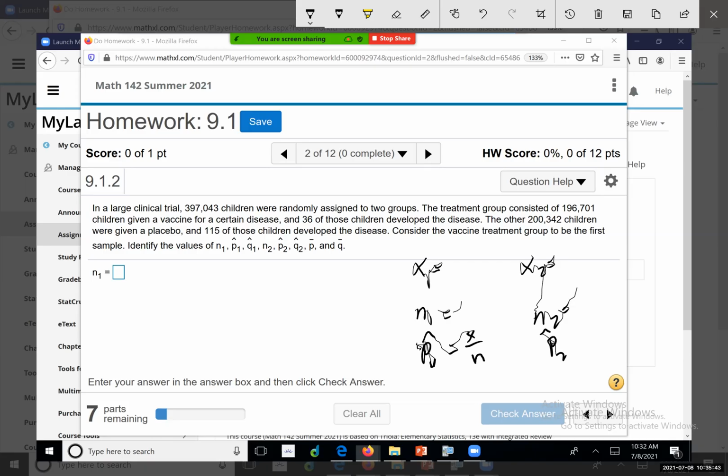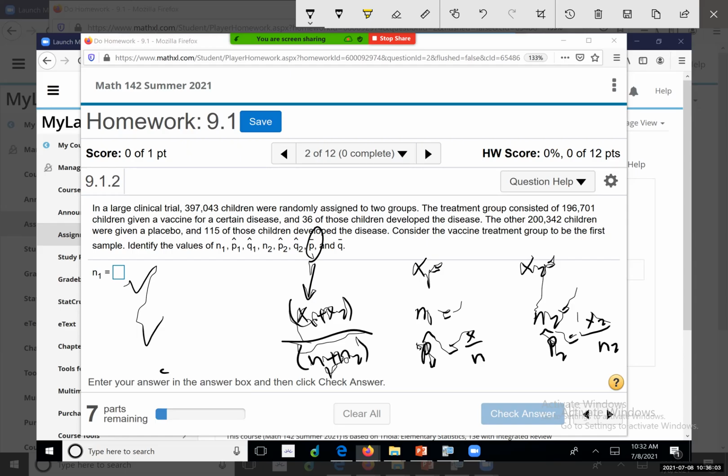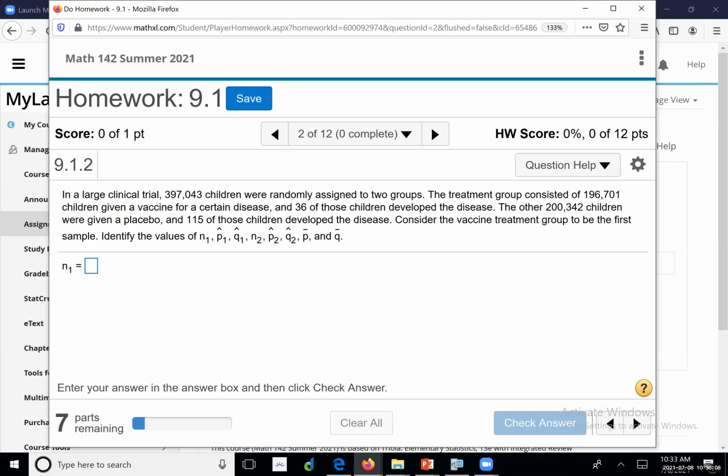P2 hat is the sample, so it's x2 over n2, and so forth. So answer every part. And when it gets to the pooled P, add x1 and x2 and then divide by n1 plus n2, and so on and so forth. Let's just do number 2 together. I want you to do it, and then if you get stuck, I help you. So let me stop recording right here.